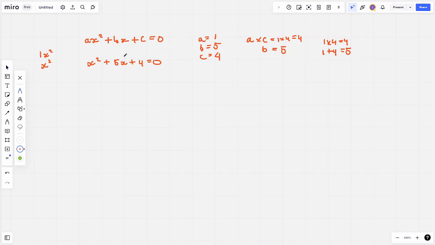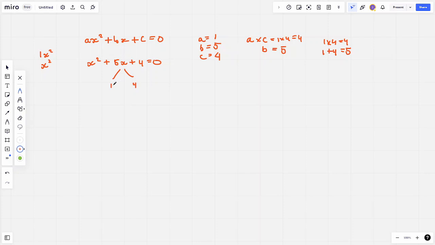Like I said, we want to replace this 5x term with two x terms. The reason why it's x is because this 5x must still be equal to the original. So if we just draw two separate lines, we've identified the two values are 1 and 4, so we're going to put down a 1 and a 4, but it must equal this 5x.